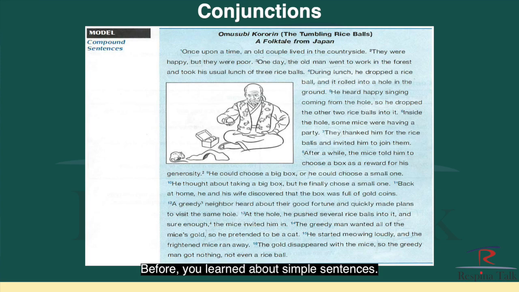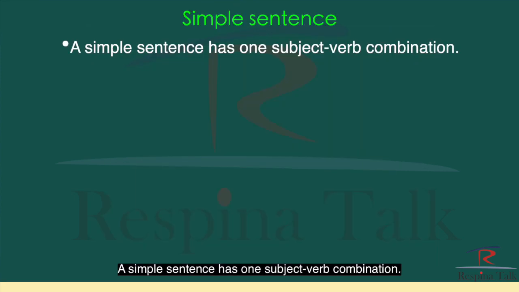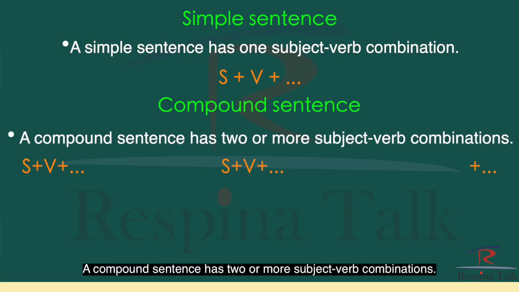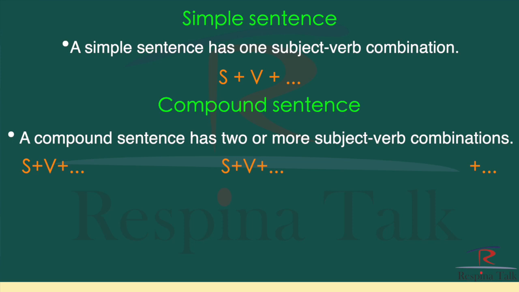Now, before, you learned about simple sentences. A simple sentence has one subject-verb combination. Another kind of sentence is a compound sentence. A compound sentence has 2 or more subject-verb combinations.